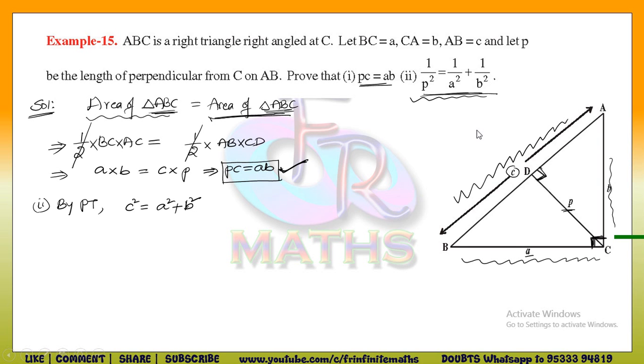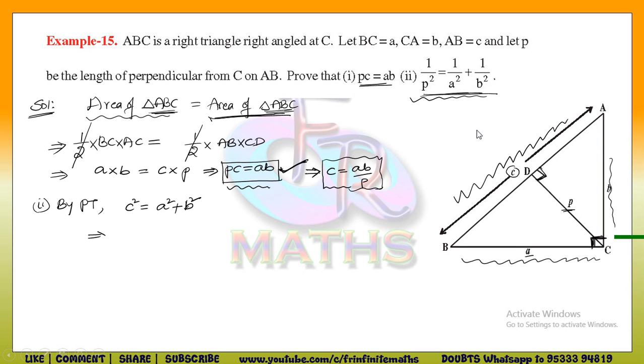But in the relation we don't have any c here. So for that I am going to eliminate c. To eliminate c, from the first result I am going to write c is equal to ab by p. So this relation I am going to use here.